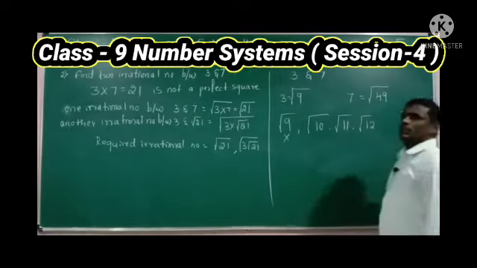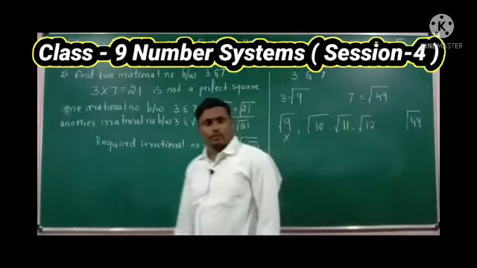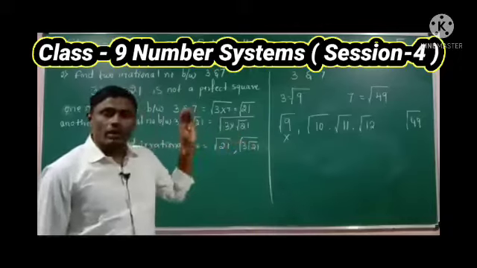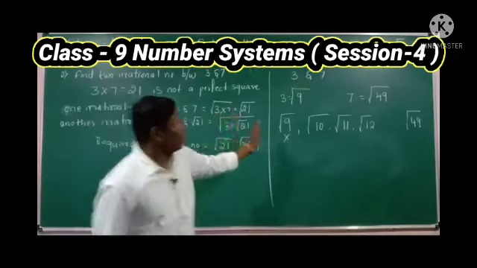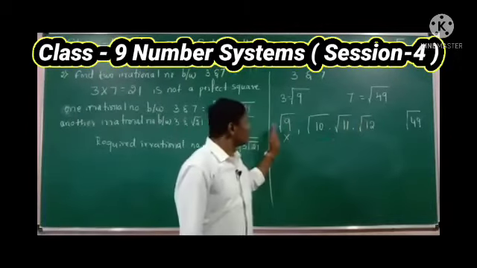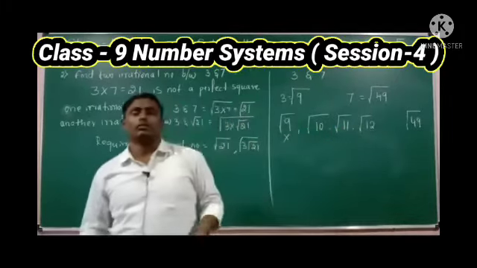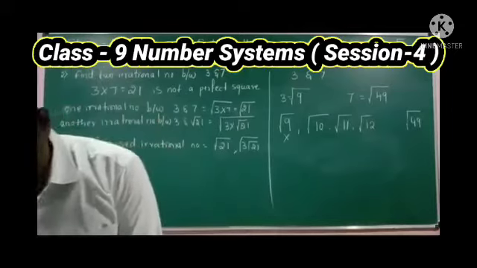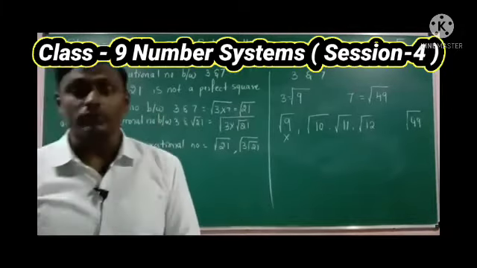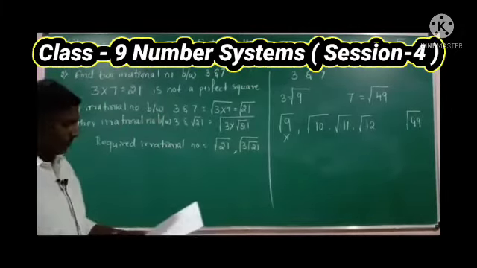Here 49 is also a rational number. Other than the perfect squares, the numbers existing between root 9 and root 49 are all irrational numbers. Okay, so this is one more method for finding irrational numbers.